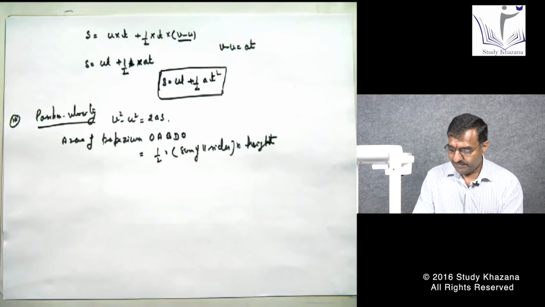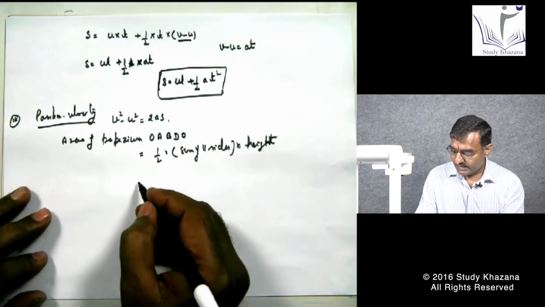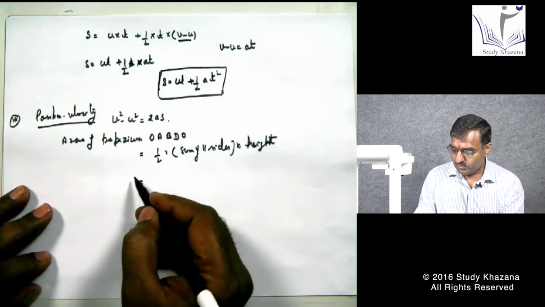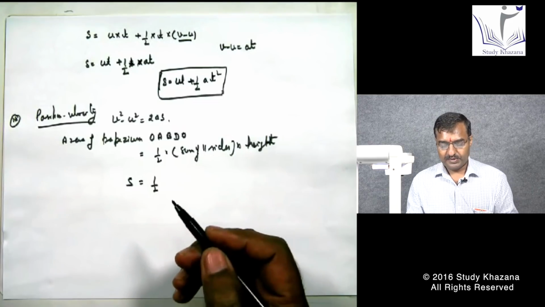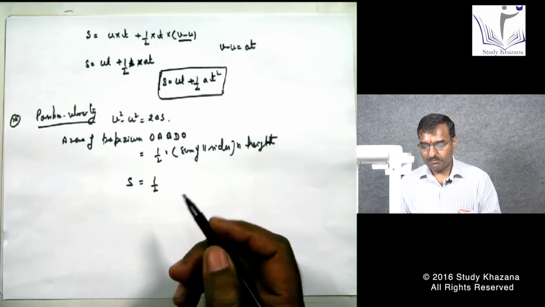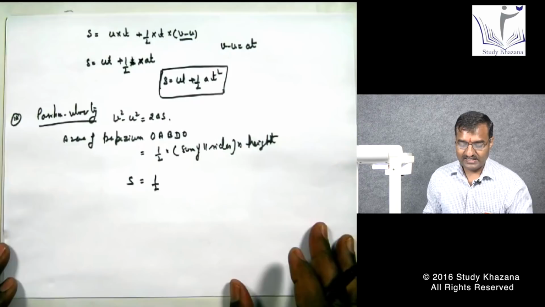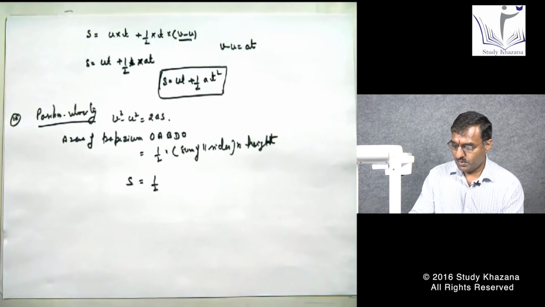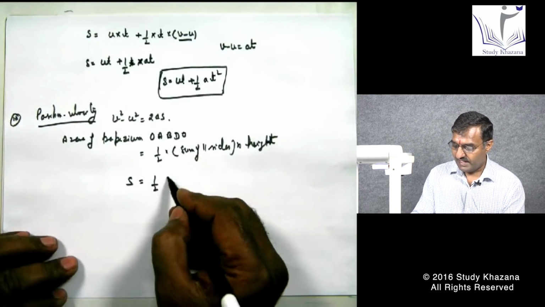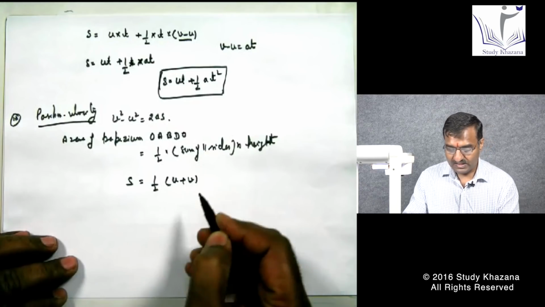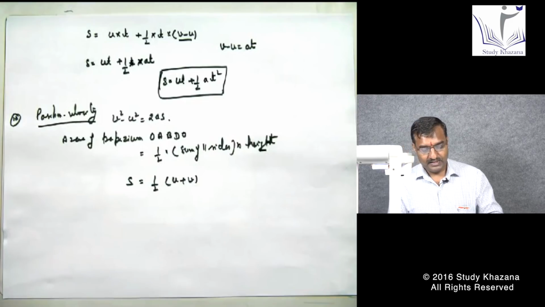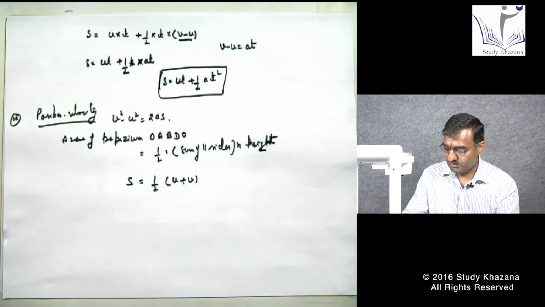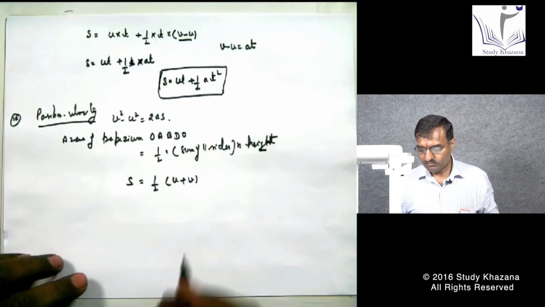So area is half into sum of parallel sides. If you see from the previous graph, the sum of parallel sides is U plus V into height. Height will become T.